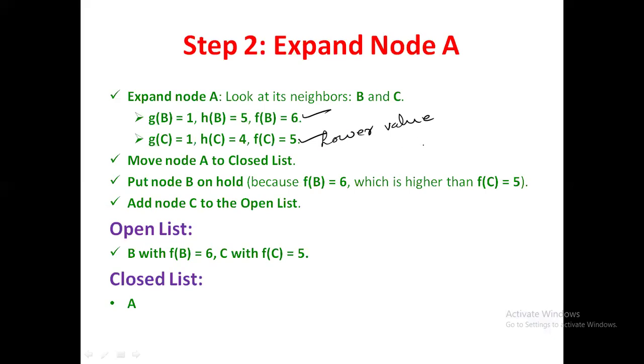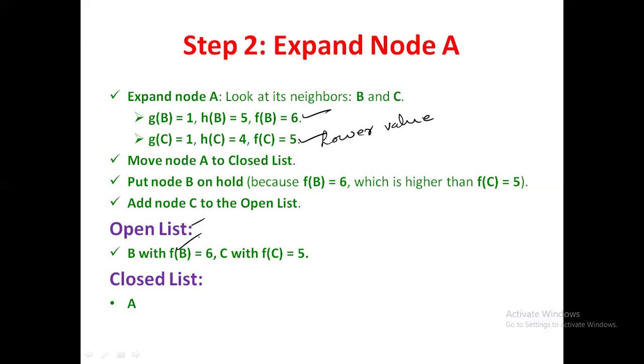The cost of C is 1 with a heuristic estimate of 4, so 5. Since C has the lower F of n than B, it is added to the open list. Node A is moved to the closed list and B is put on hold, since its F value is higher than that of C.